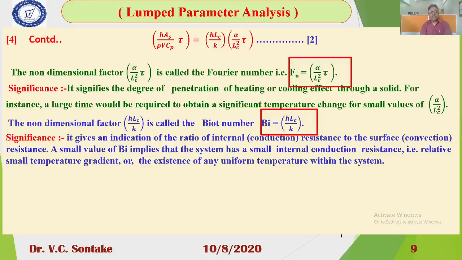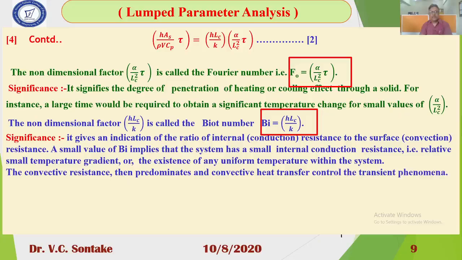And if the Biot number is very small, there is no internal conductance resistance, and the entire heat conduction process will be governed by the surface convective resistance of the surrounding fluid.